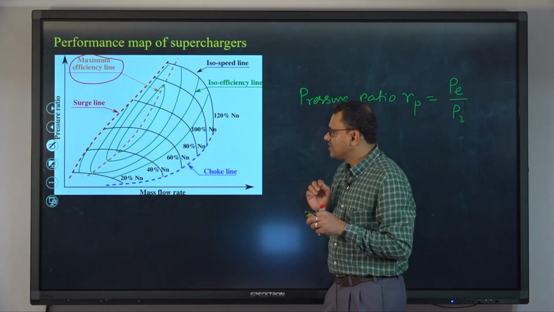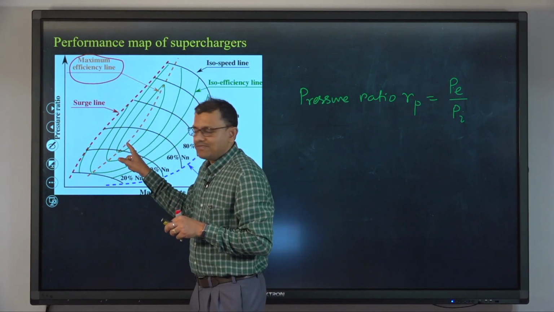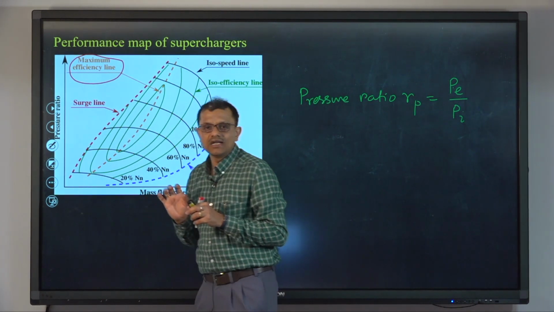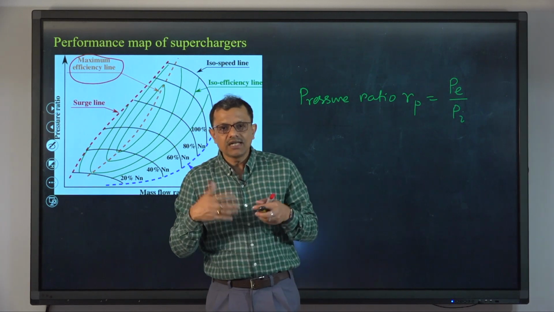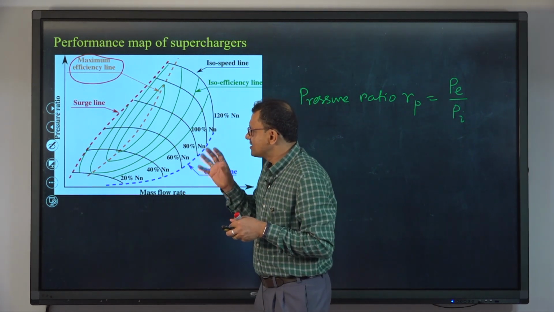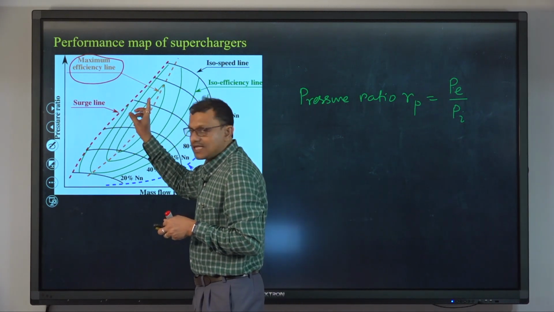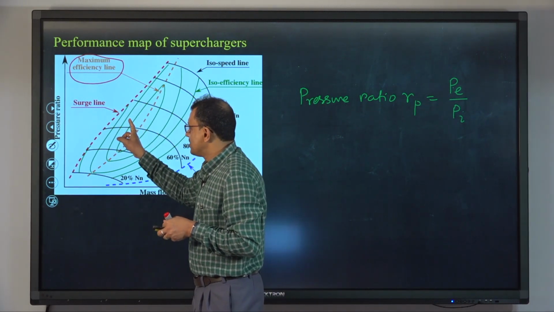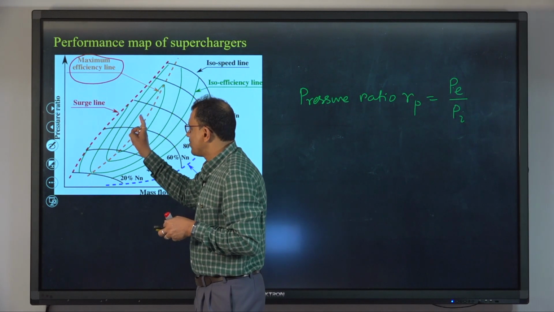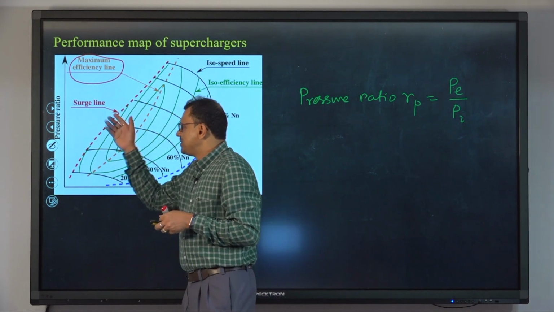Okay. Towards the extreme left of this map, there is an important line denoted by a red colored dotted line, and this line is known as the surge line. So, this is essentially a check line, because a designer or operator should not allow the compressor to run beyond this line.